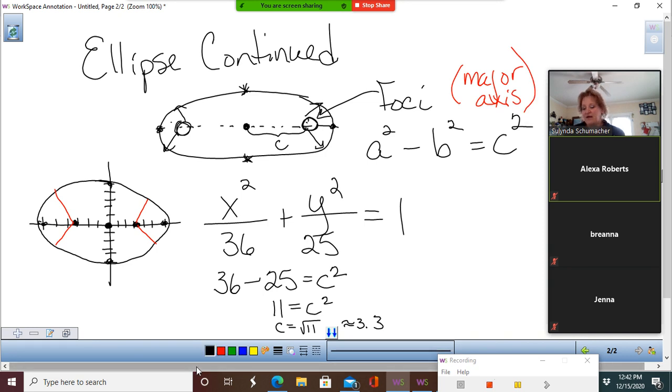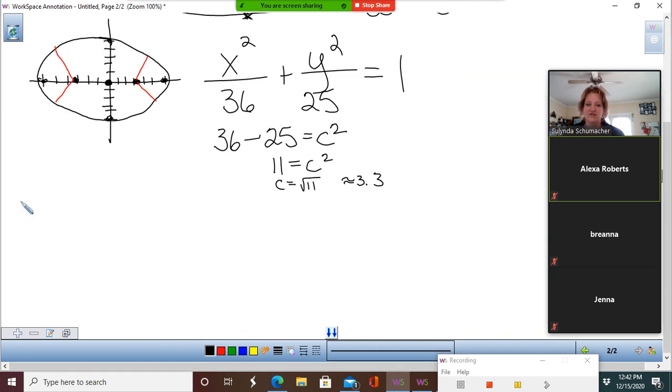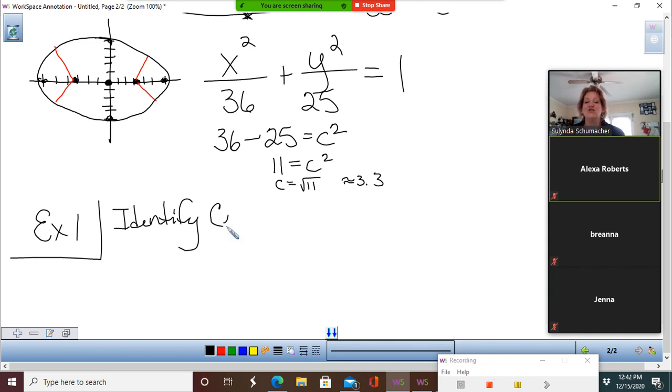All right, so here's what I want to talk about first. So here's example number 1. I'm going to ask you to identify the center, the vertices, and the foci.